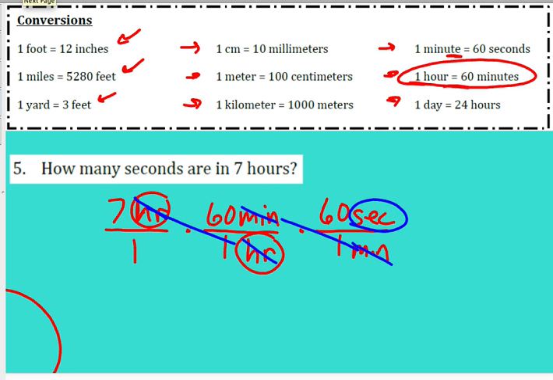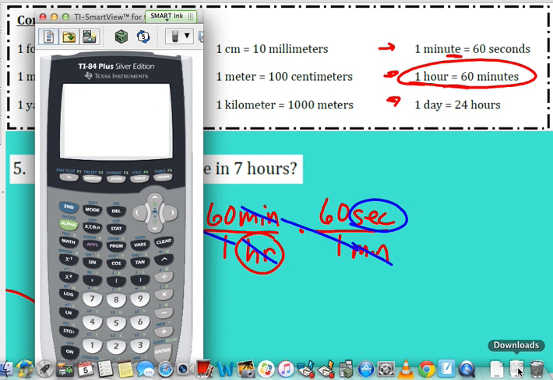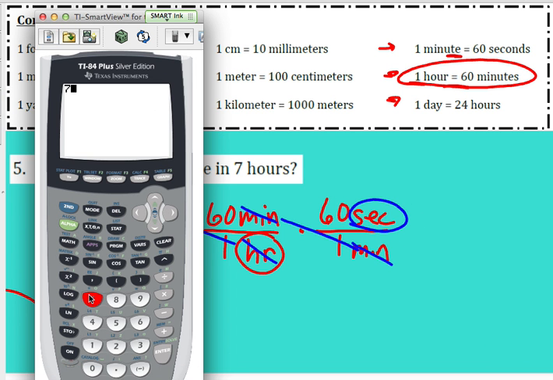And the way it works is this: multiply straight across. Numerator times numerator, and denominator times denominator. So I have to plug in 7 times 60 times 60. And we'll just plug that into our little calculator here. Seven times 60 times 60.